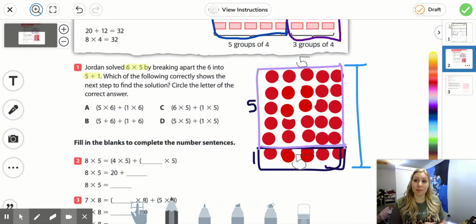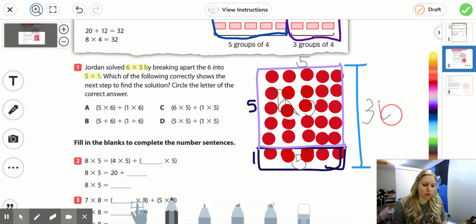Not 6. This time I have 5. So now if I have 5, 10, 15, 20, 25. Now I have 25 and 5 more. Now what will my total be? If I have 25 and 5 more. 30. 30. There we go.